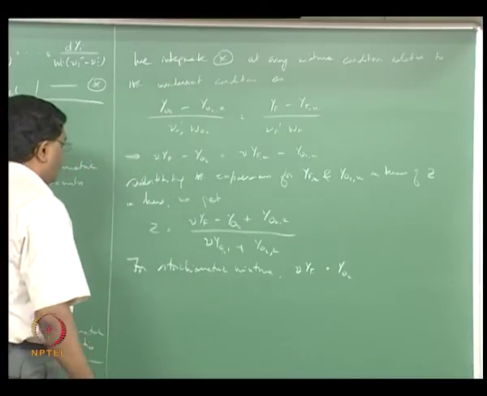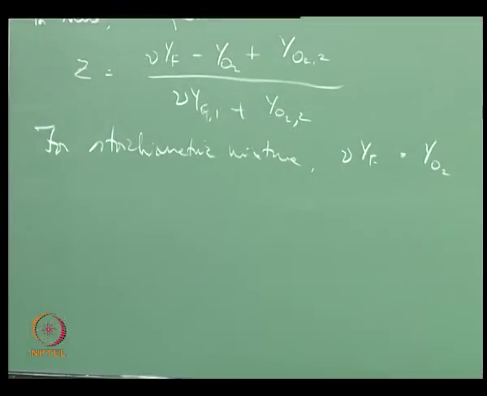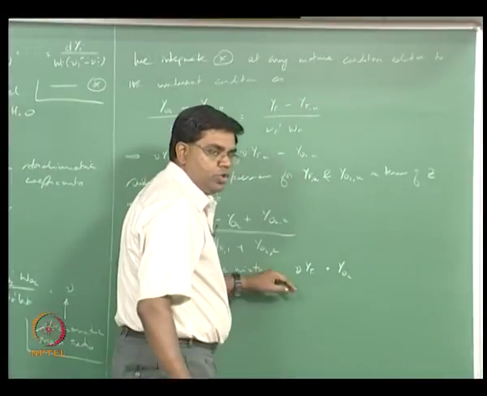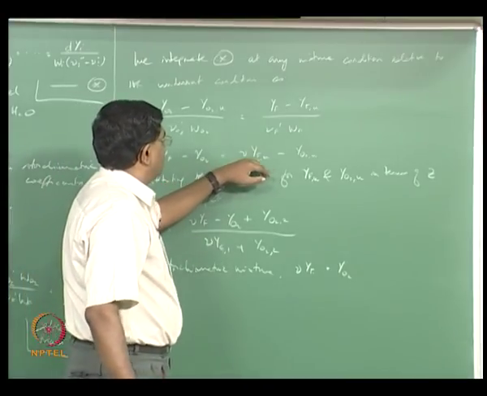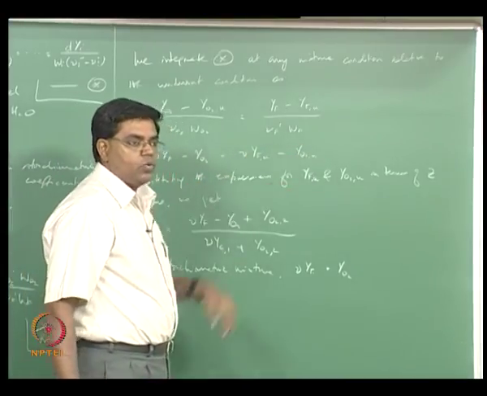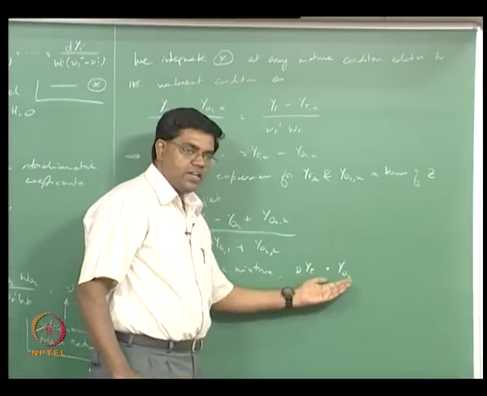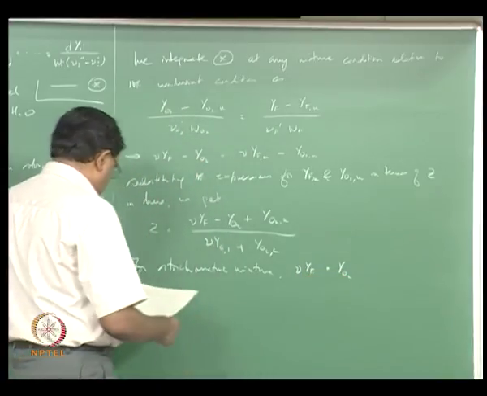We say YO2 divided by YF should be equal to nu, and that should be the same as YO2U divided by YFU, right. The unburnt mass fractions should be in stoichiometric proportions just as well as whatever is in the reaction. Okay.